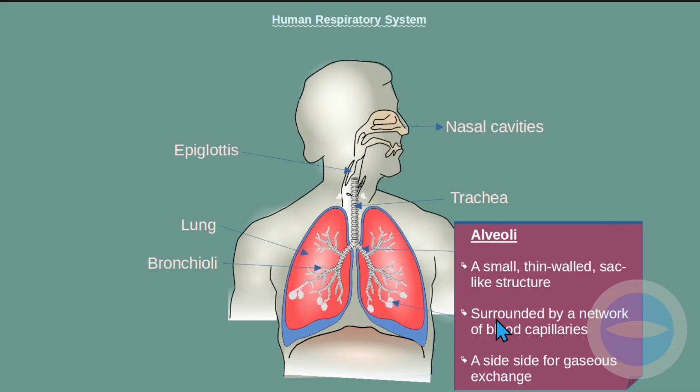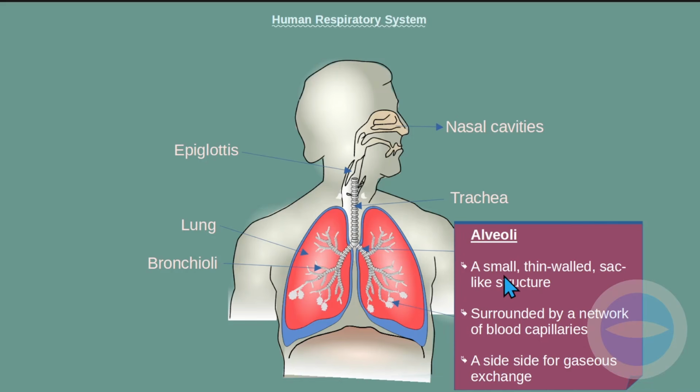So that is where carbon dioxide leaves the blood into the alveolus, and oxygen goes from the alveolus into the bloodstream. So that is why they say it is surrounded by a network of blood capillaries. It's the site of gaseous exchange.